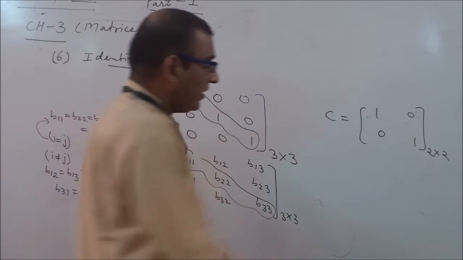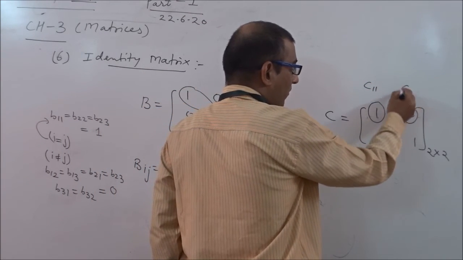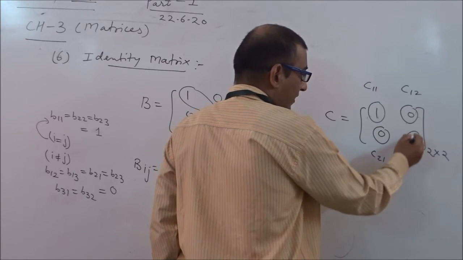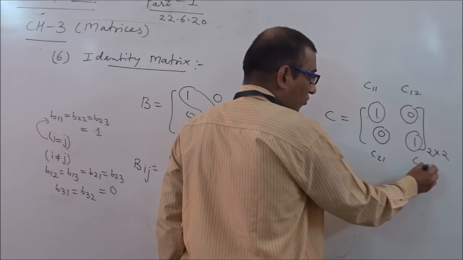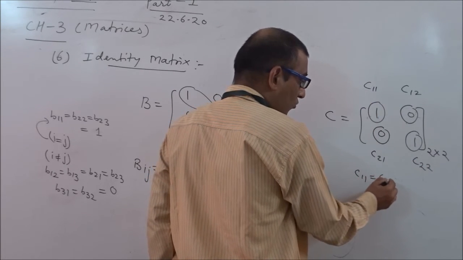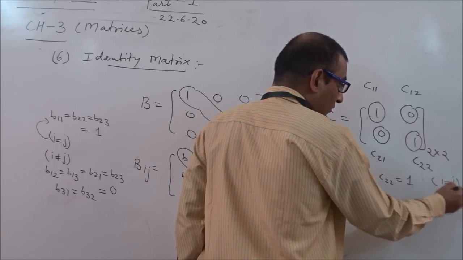If we see here, this is the value of C11, this is the value of C12, this is the value of C21 and this is the value of C22. So here we can say C11 and C22 both are equivalent to 1 because i and j both are equal.